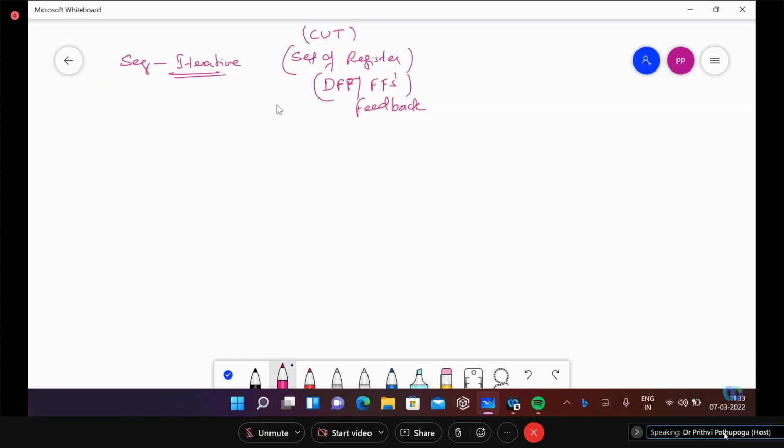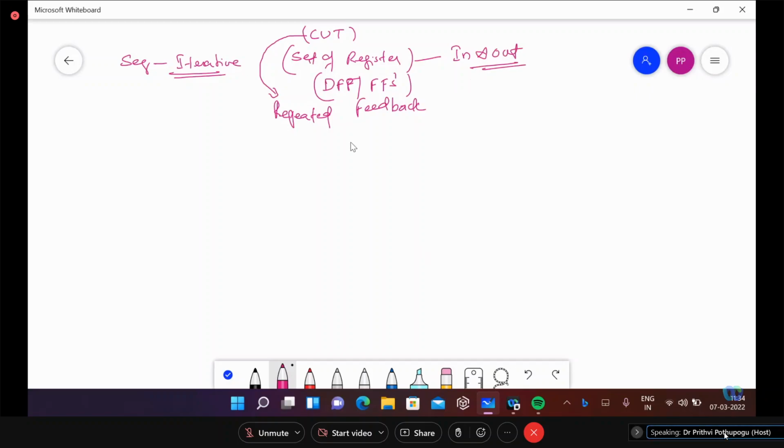Now, when you are converting this into an iterative setup, the logic retained is that for every stage this circuit under test will be repeated, and the set of registers will be used in an in and out configuration.